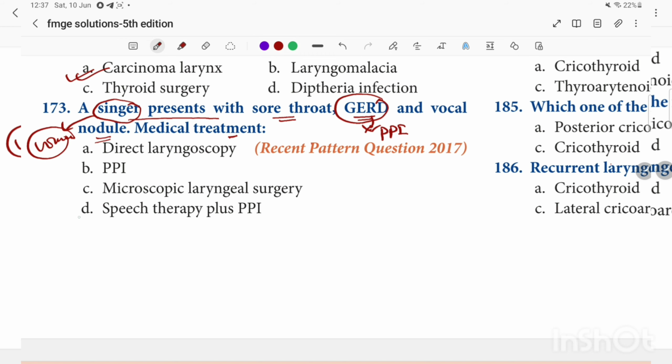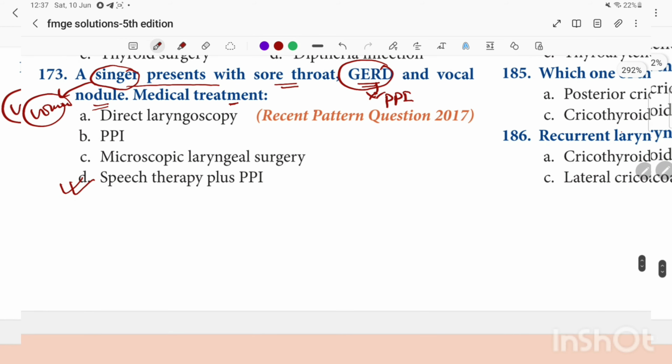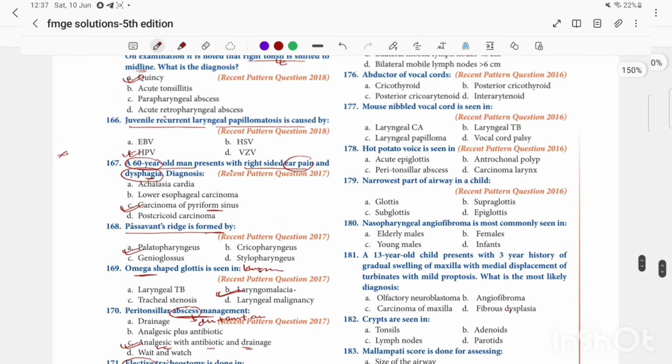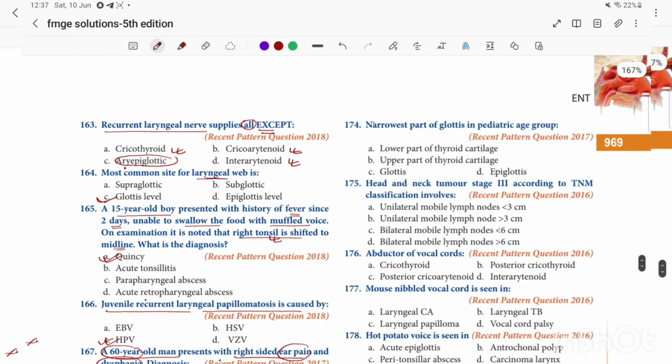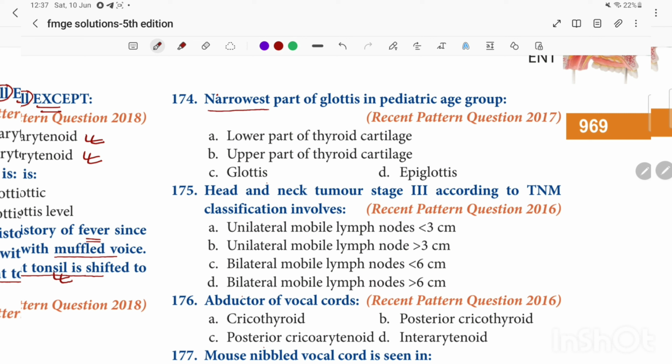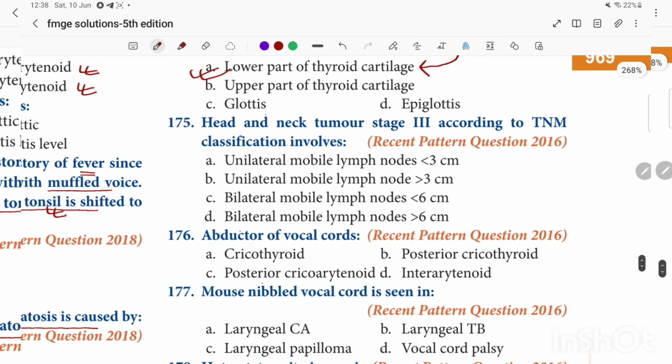So medical treatment is speech therapy with proton pump inhibitor. Narrowest part of the larynx in the pediatric age group is the lower part of the thyroid cartilage.